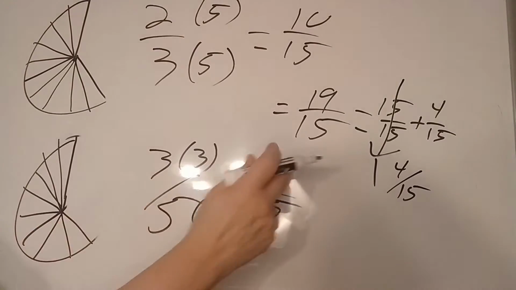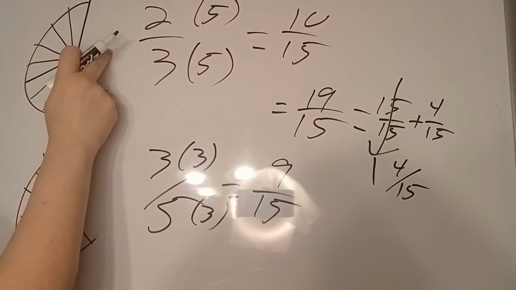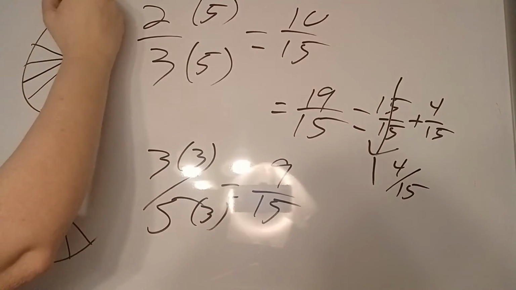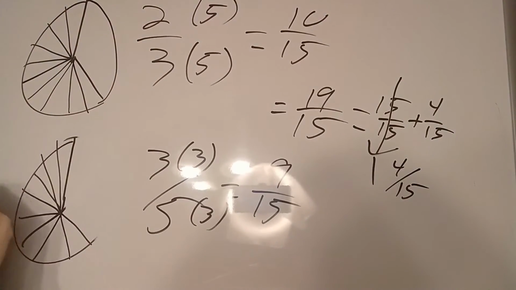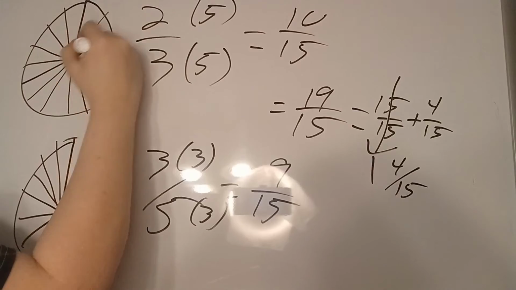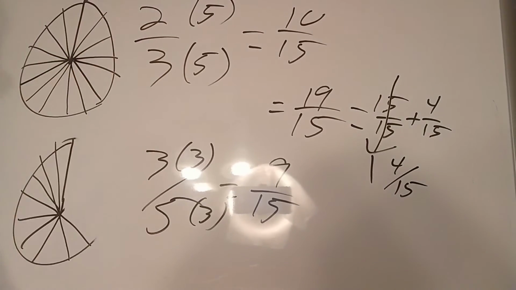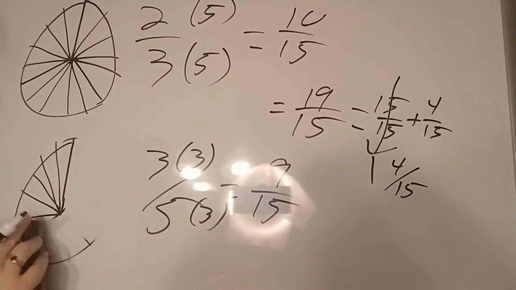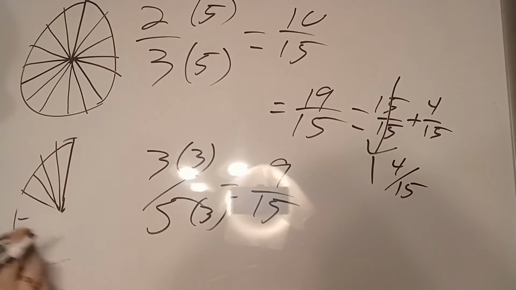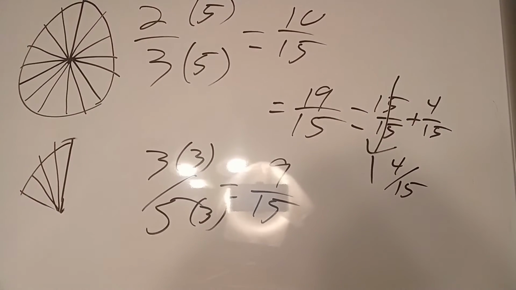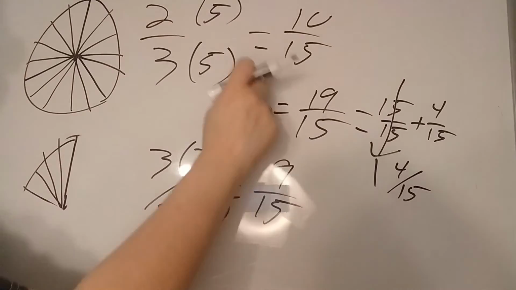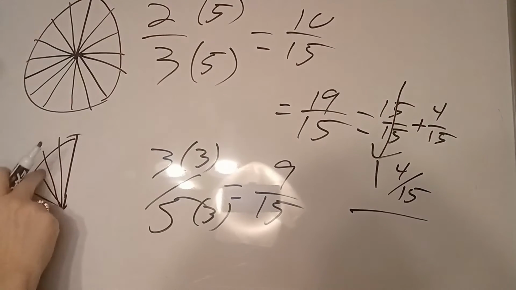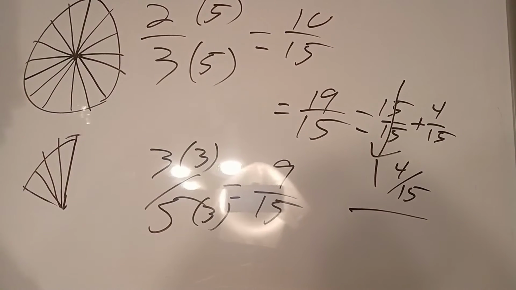So what we're doing is we're taking 5 of these and putting them over here. 1, 2, 3, 4, 5. So we have 1 and 4/15ths.